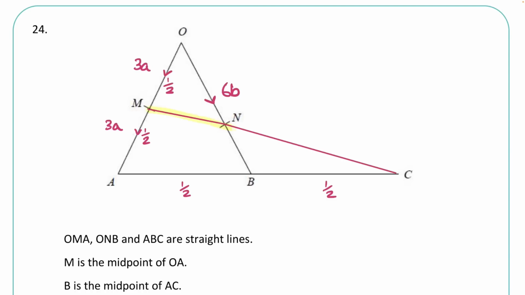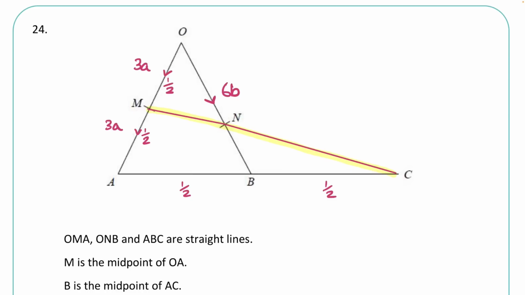Now normally the full line can be found relatively easily, so we'll have a look at how we get from M to C. So to get from M to C, I need to first think about how to get from B to C, because we don't have that vector. All we know at the moment is that A to B and B to C are the same length, as B is the midpoint.